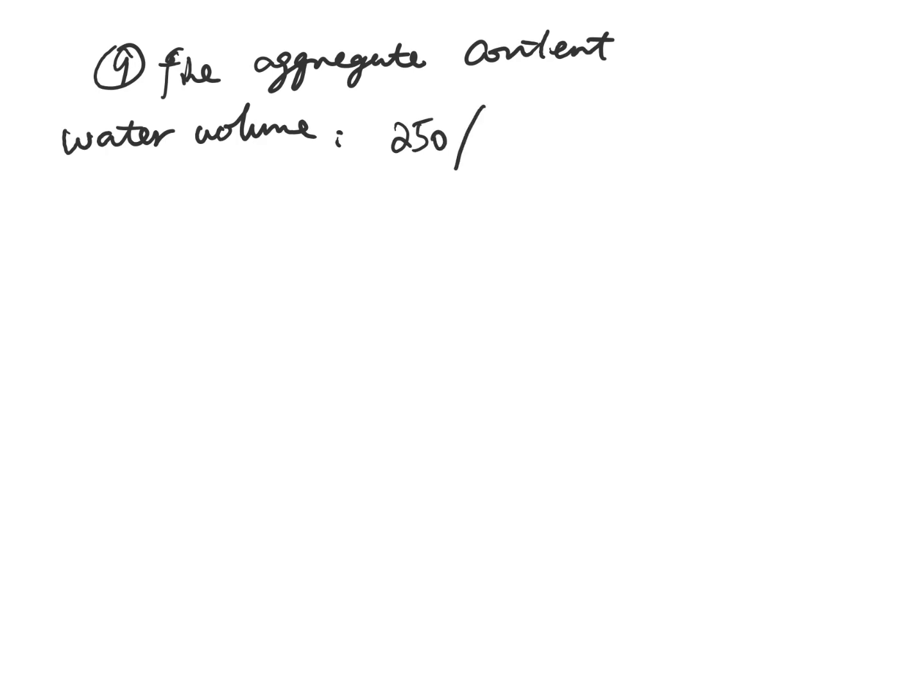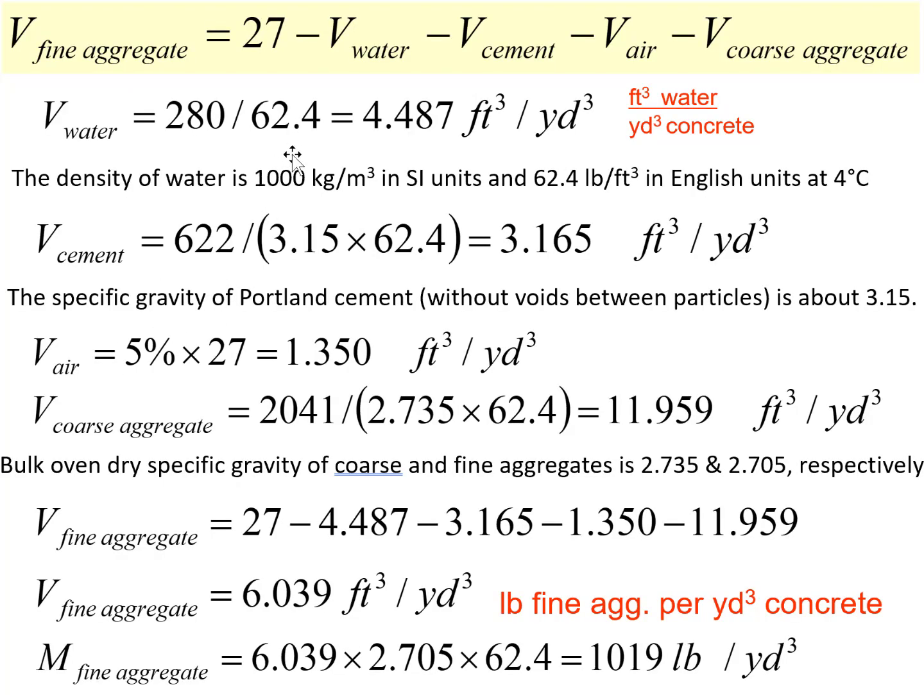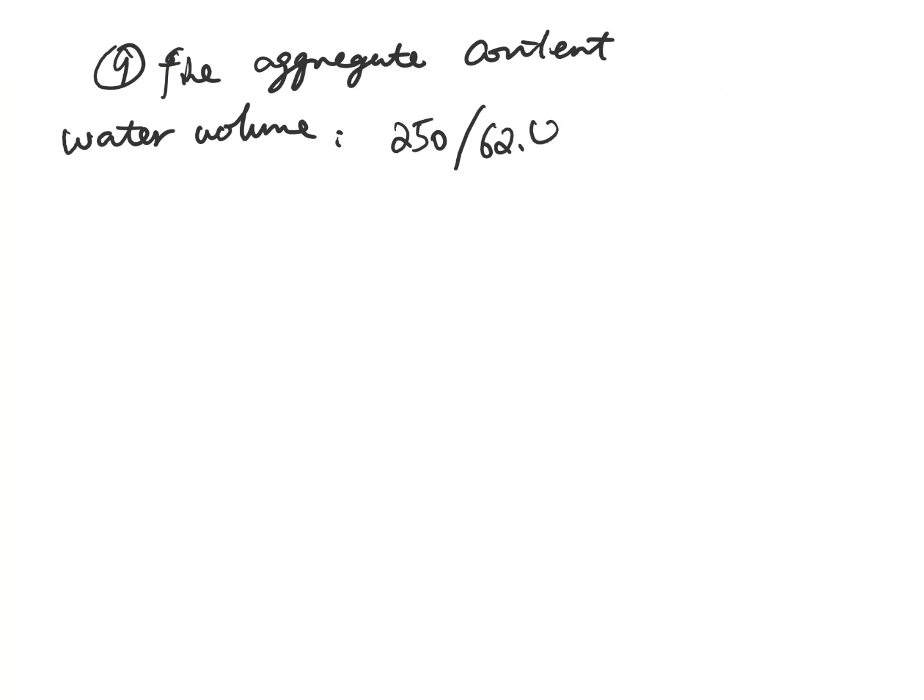So this value divided by the unit weight of water, which is 62.4 at 4 degrees Celsius. So then we can get the volume of water, which is 4.006 cubic foot per cubic yard of concrete.